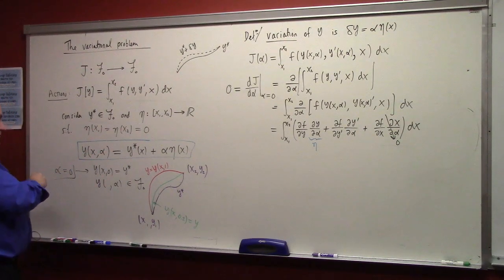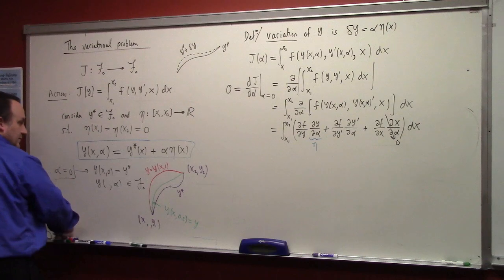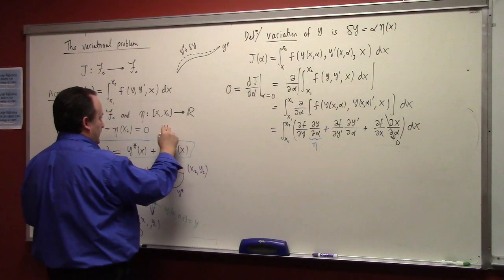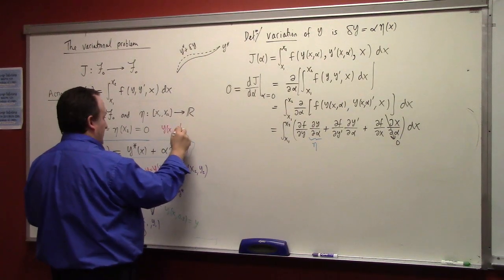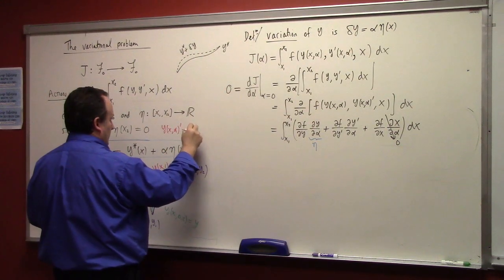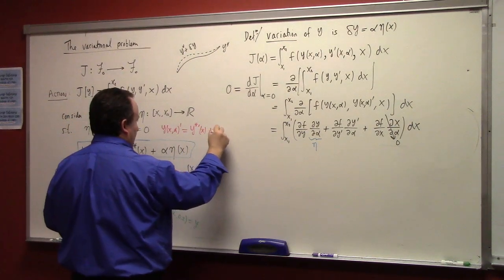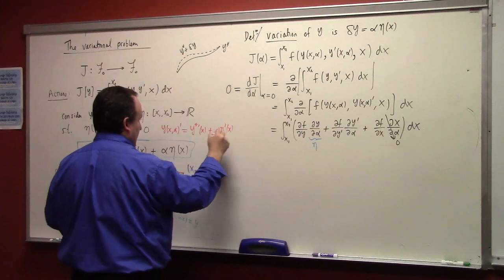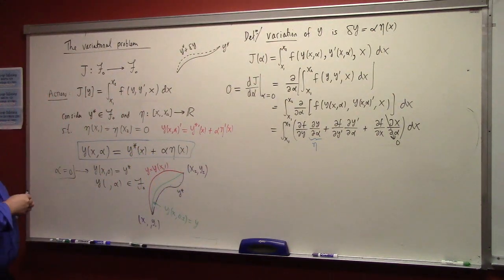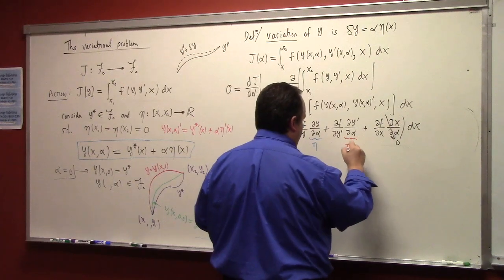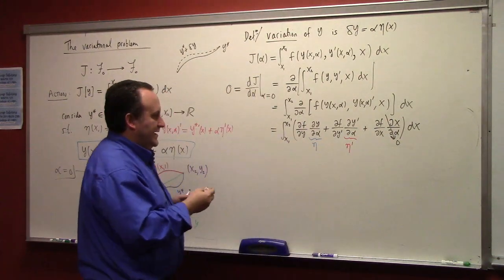We get y of x comma alpha prime equals y star prime of x plus alpha eta prime of x, right? So if I differentiate that with respect to alpha, I get what? Eta prime. And of course, that is specifically d eta dx.